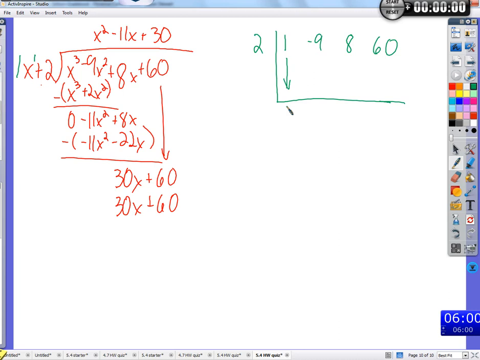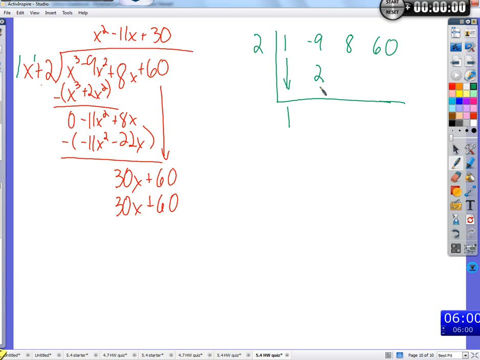It's not a big mystery what we're going to multiply 1x by. But it's the result of multiplying by 2 that causes all the difference. So what we have here is a setup for synthetic division, which is exactly the same as synthetic substitution. Bring down this 1, just like we have this one here. We're going to multiply 2 times 1, get 2.